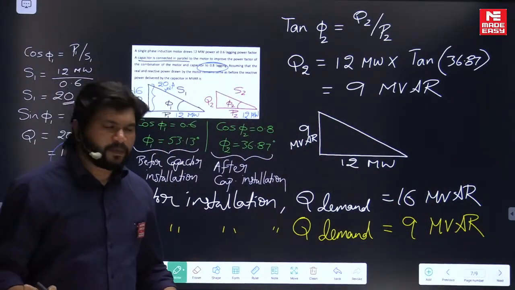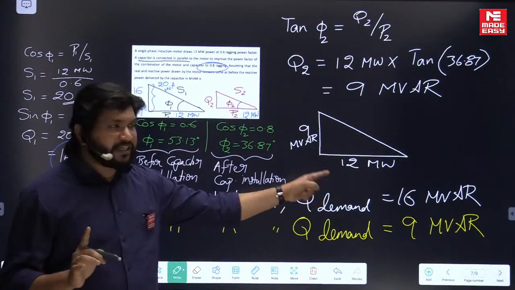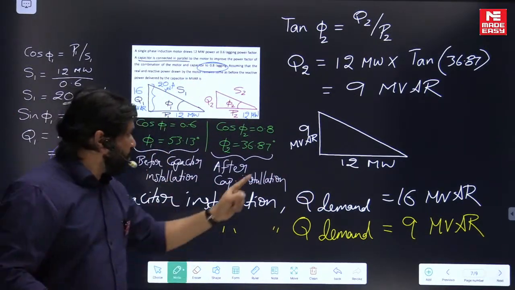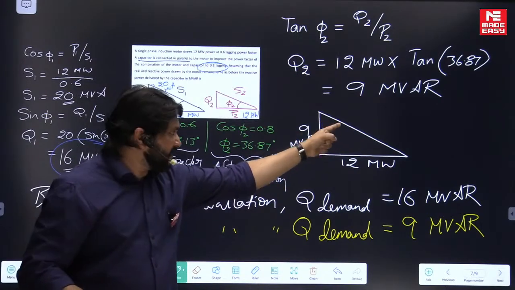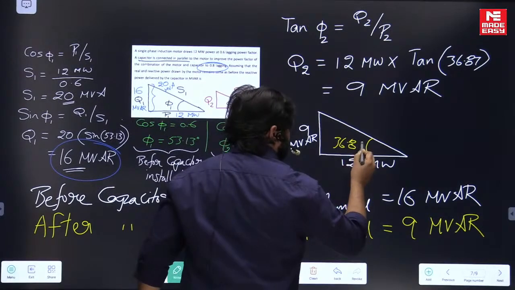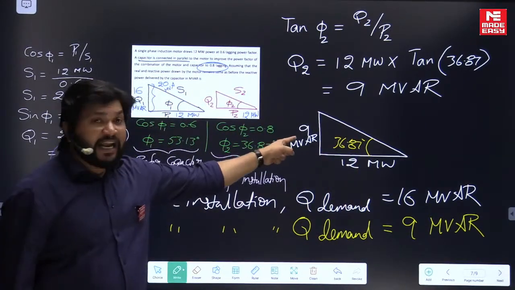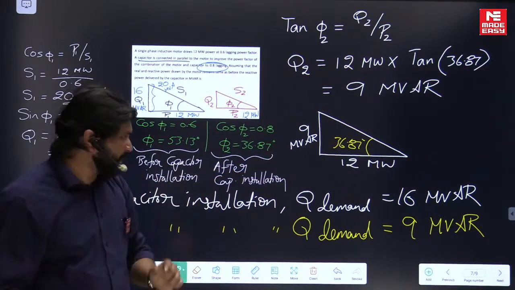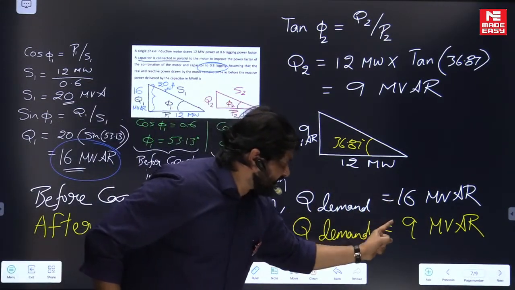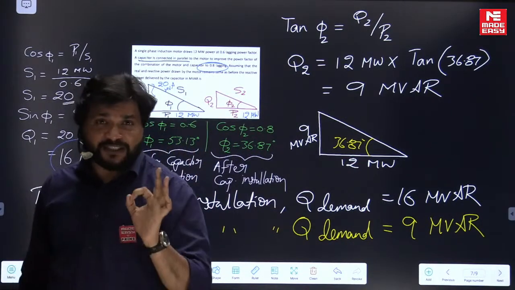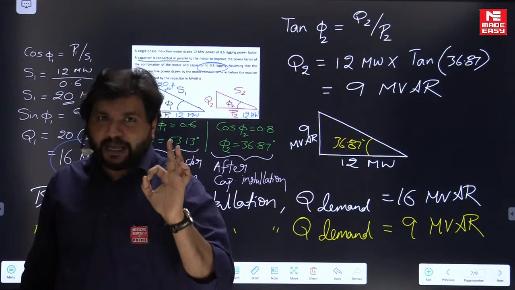Simple logic. Before capacitor installation, 16 MVAR, power triangle of the system. After capacitor installation, power factor has been improved. Angle is at 36.86. Only 9 MVAR is asked. Demand is this, which means the gap. Previously 16, asking only 9 means definitely 7 MVAR has been supplied by the capacitor.